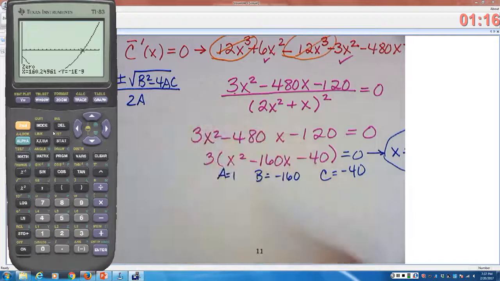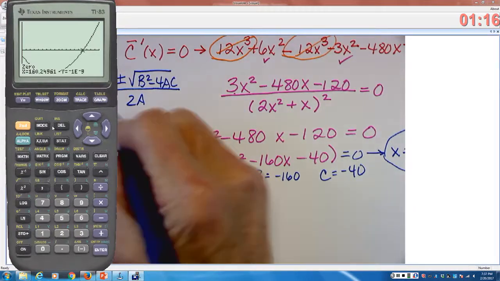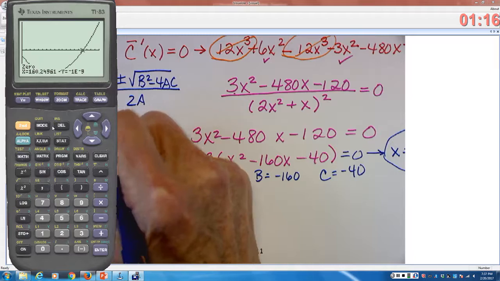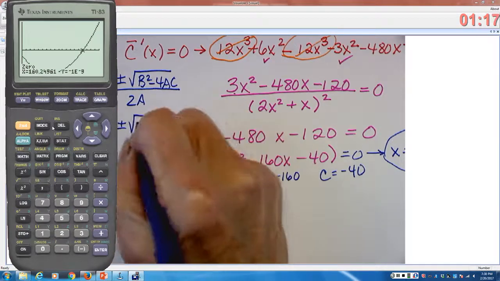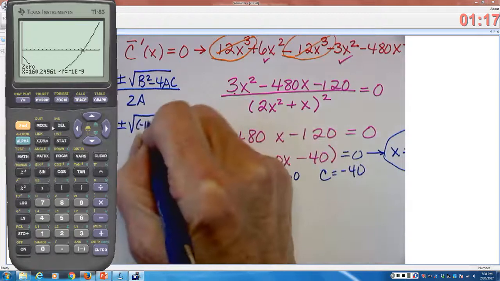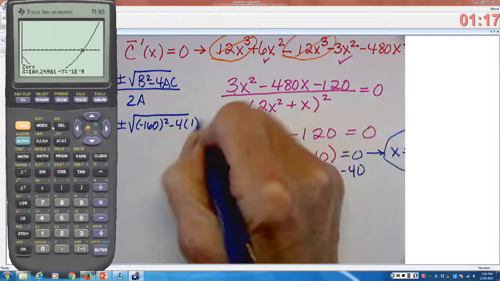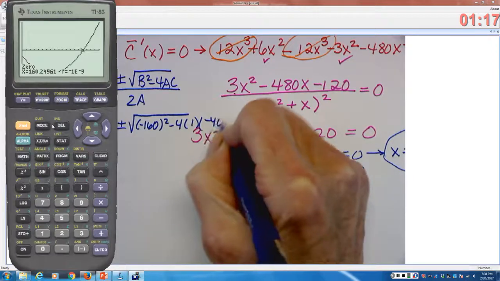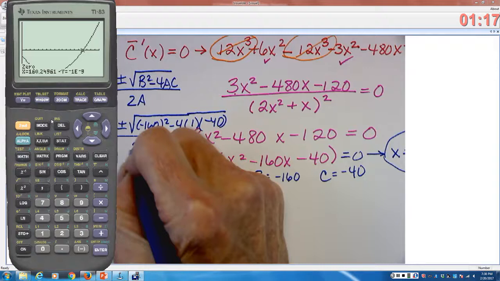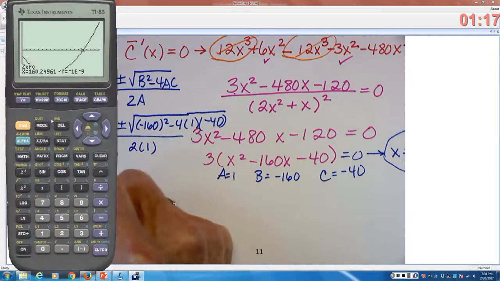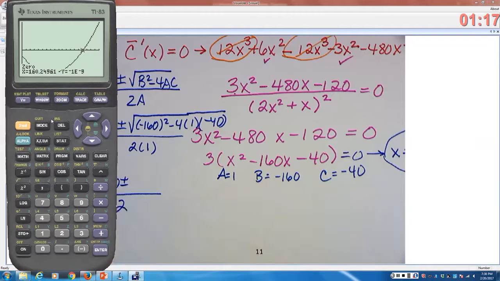Now, if you were actually going to use the quadratic formula, you would have, let's see, the opposite of negative 160 is 160, plus or minus the square root of negative 160 squared minus 4 times 1 times negative 40, over 2 times 1. Let's see.